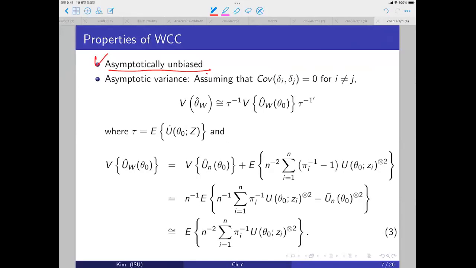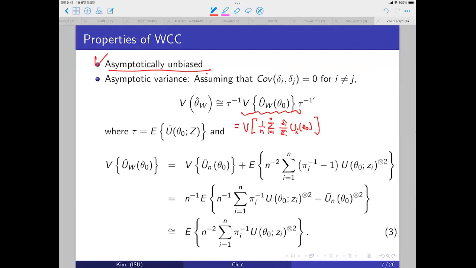Let's look at this carefully. We are trying to do the same thing, but let's use 1/n to make life easy. We use the notation U I at theta null.